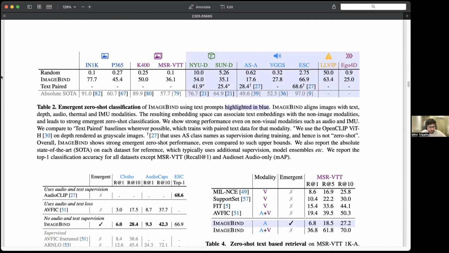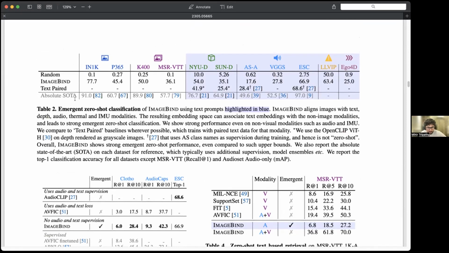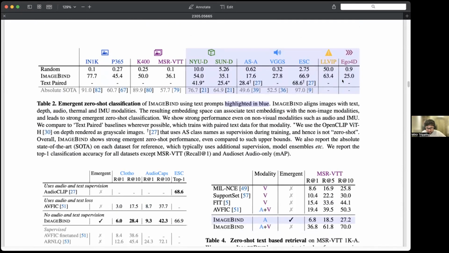Well, the table also does not make sense.